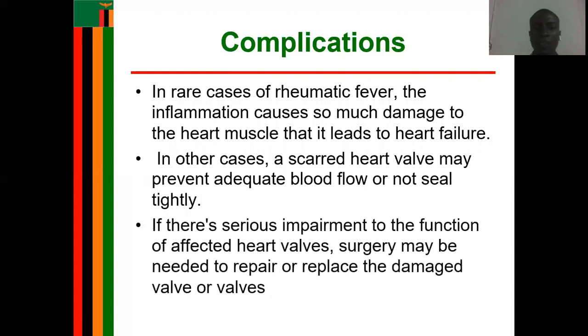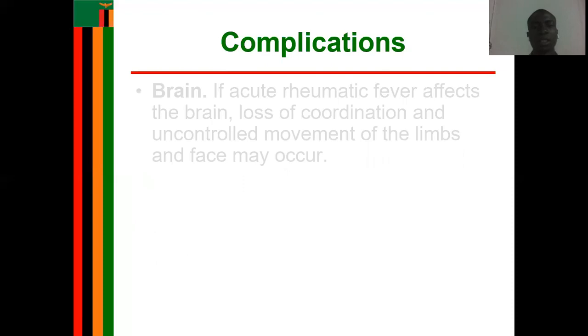In rare cases of rheumatic fever, the inflammation causes damage to the heart muscle that can lead to heart failure. In other cases, a scarred heart valve may prevent adequate blood flow or not close tightly. If there is serious impairment to the function of the affected heart valve, surgery may be done to repair or replace the valve.